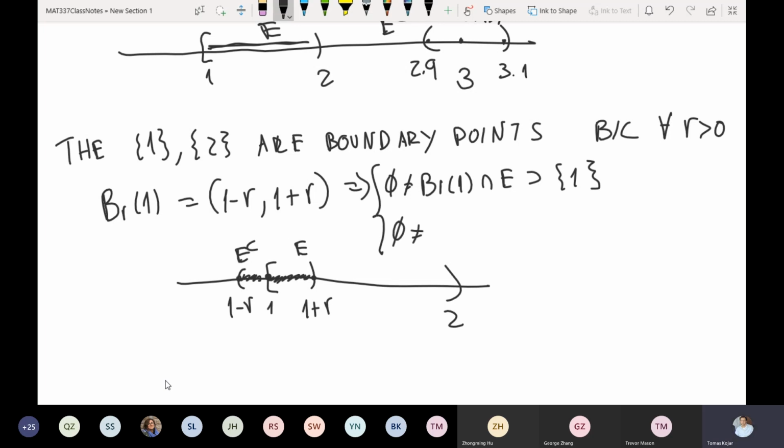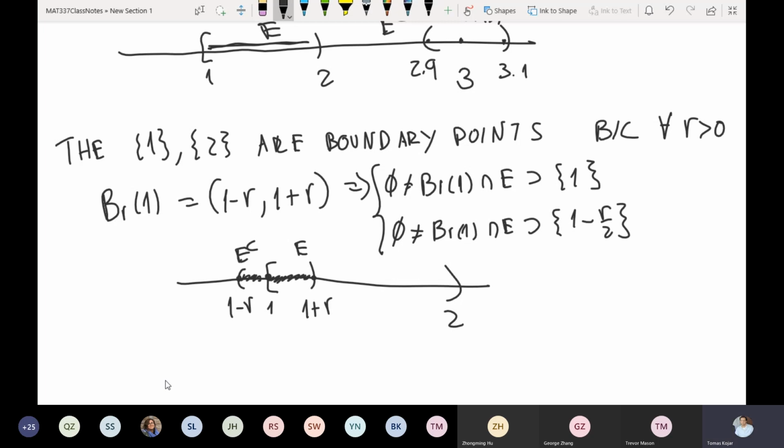And it also intersects the complement because it contains, let me see, yeah, it contains 1 minus R over 2.